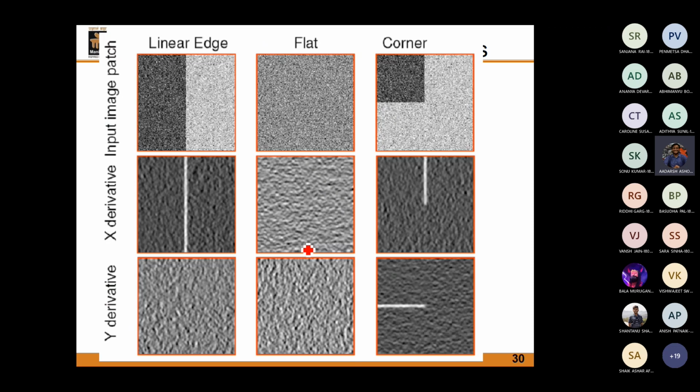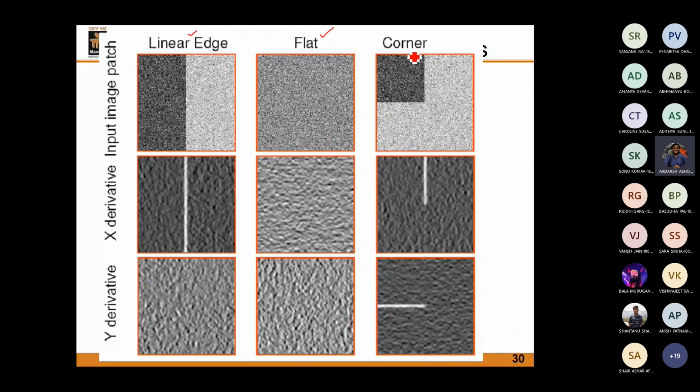This is an example which shows how the gradient looks different for the three different regions. Let's say you are considering an image with a linear edge. This is the linear edge that you have. The second scenario is a flat region, flat in the sense of a uniform, homogeneous region, where the pattern or texture remains more or less the same and you do not have any specific edges.